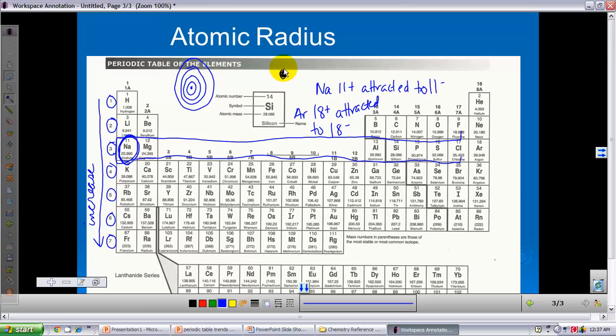If you have the protons inside the nucleus and the electrons out here in the orbitals, those electrons are going to be attracted to the protons, and it's going to pull the shells a little closer to the nucleus. So actually, as you go across the periodic table, the size of the atom gets smaller.